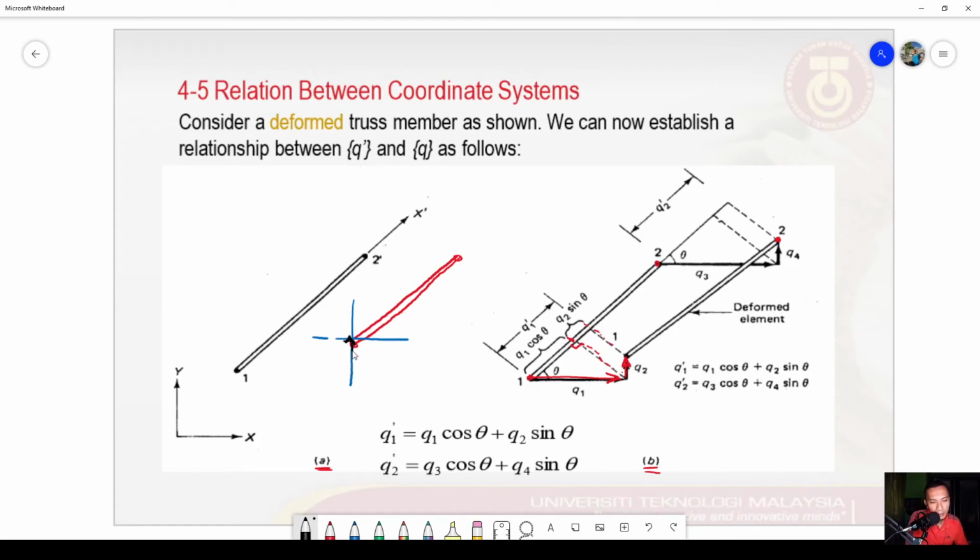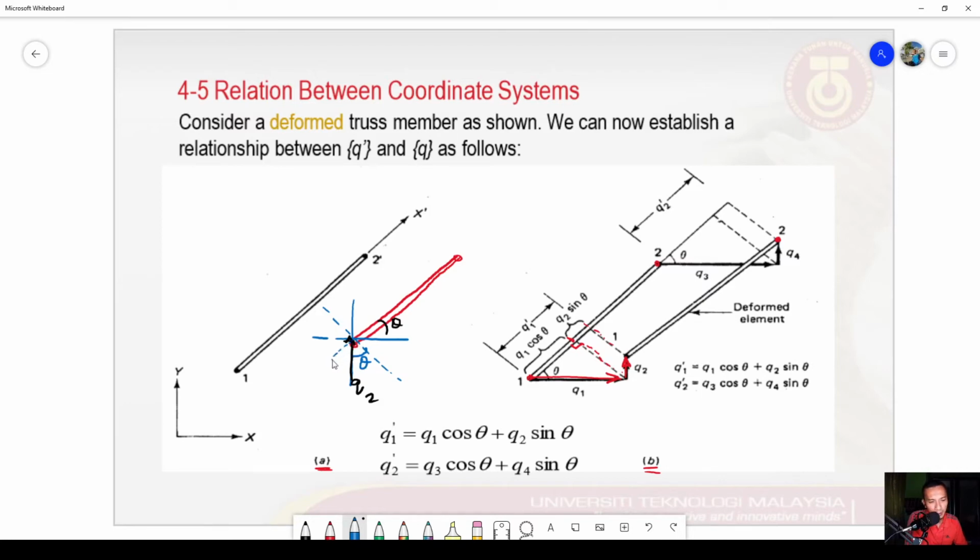So this is our Q2, and considering that we have a similar angle theta here, we can take the angle theta here as equivalent to the theta over there as well.